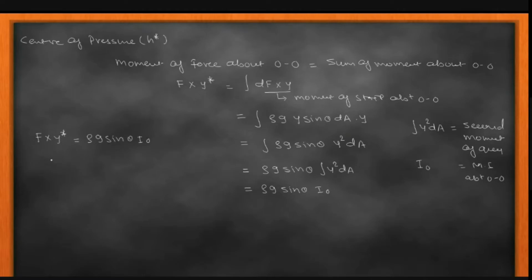So we make the subject H star or Y star, then we get rho G sine theta into I naught divided by this F, and F having a value of rho G into A H cut.